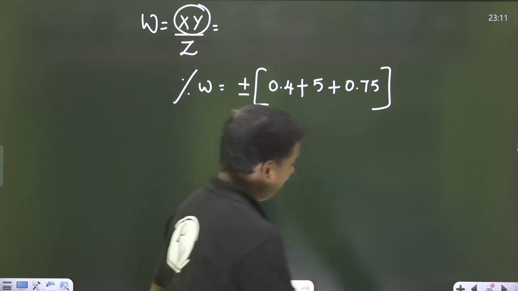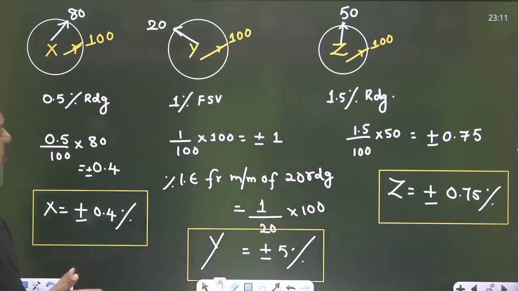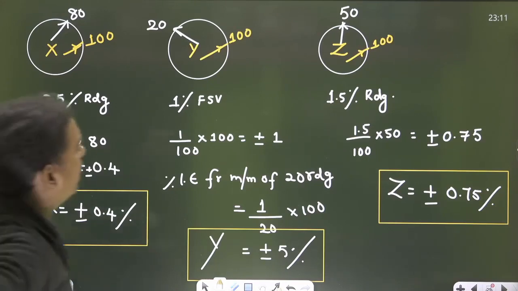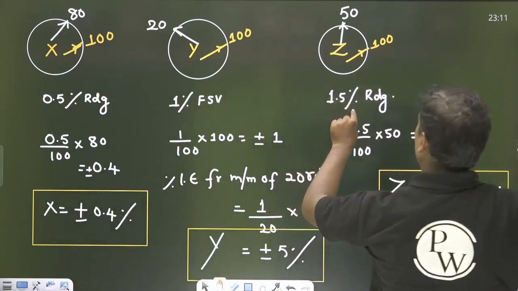Somewhere we have made a mistake. Check. 0.5% of 80, that's correct. 1% of full scale value. Percent, reading is 25%. I think, 1.5%. Oh, I think somewhere you've made a mistake. 1.5% of reading.